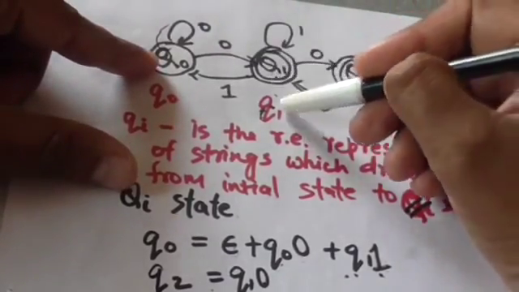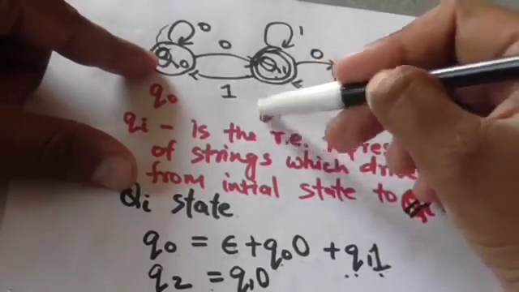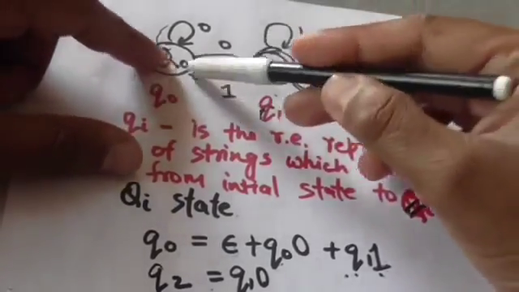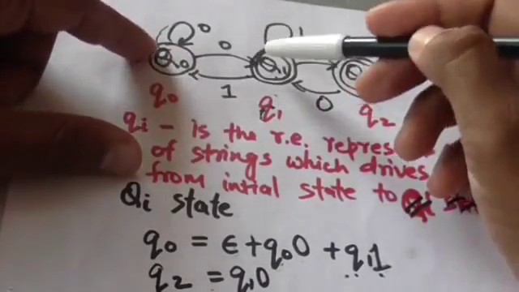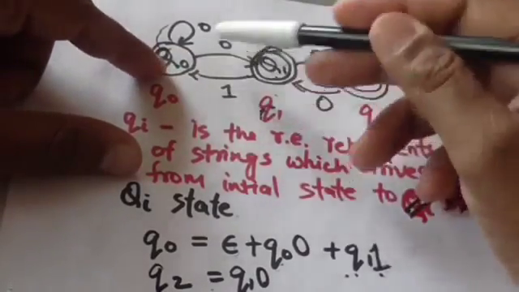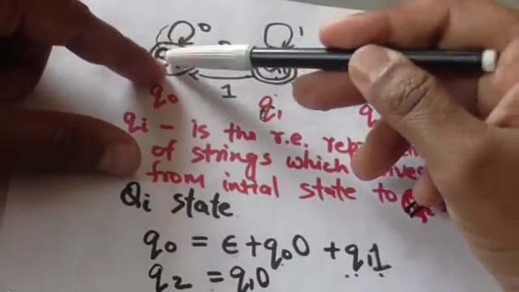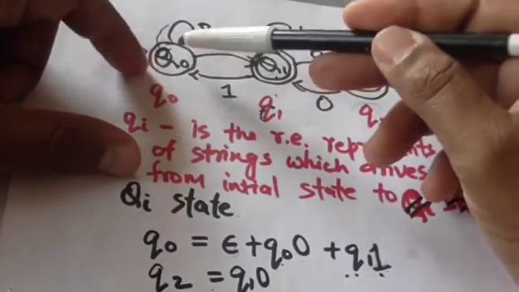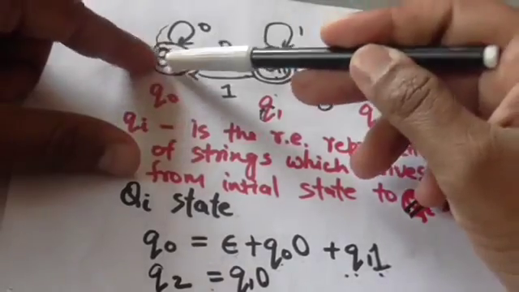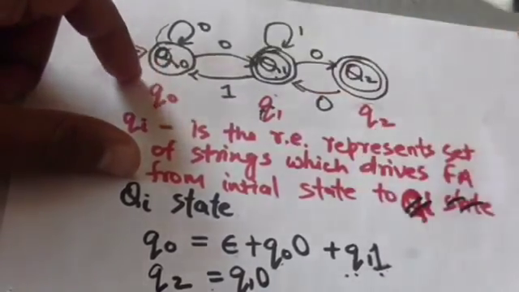When the strings of this expression Q1 are concatenated with input symbol 1, then the strings which we get after concatenation will be those which drive the machine from the initial state to state Q0, right?